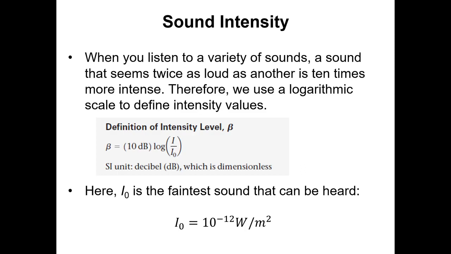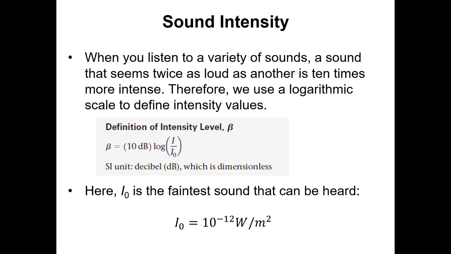Okay, so the sound intensity level is measured in decibels. It's a constructed scale called beta, and it's 10 times the log base 10 of I, the intensity of sound that you have, divided by some reference intensity, I0.